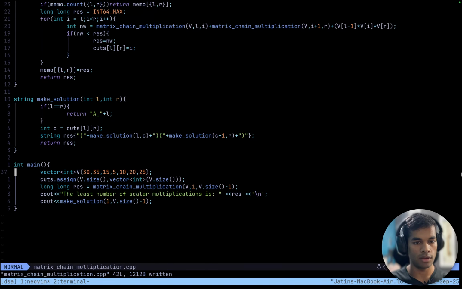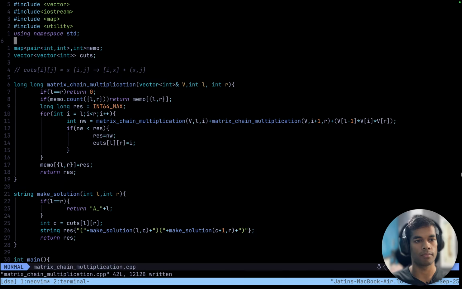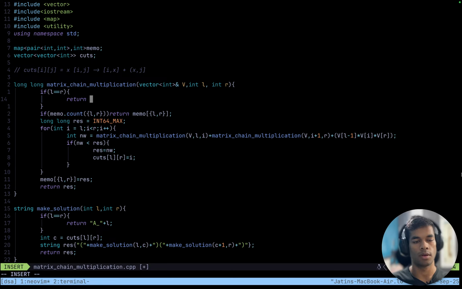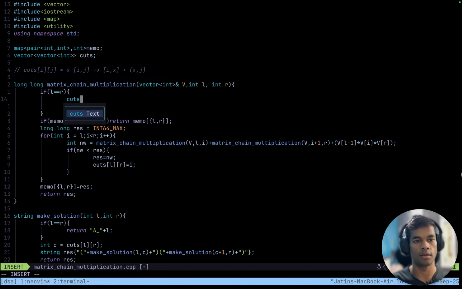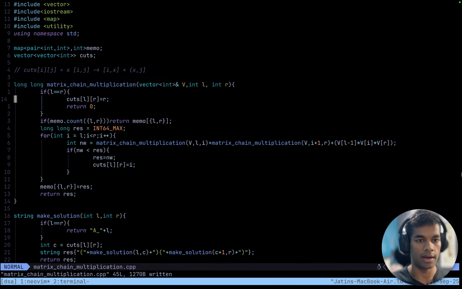Initially, when we reassign cut, here we can do this. Return 0, but before that, put cuts i, j equals LR. LR equals R. Does not matter because L and R both are same. We can put anything.